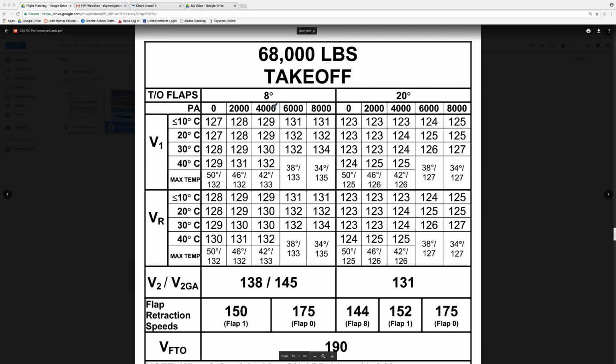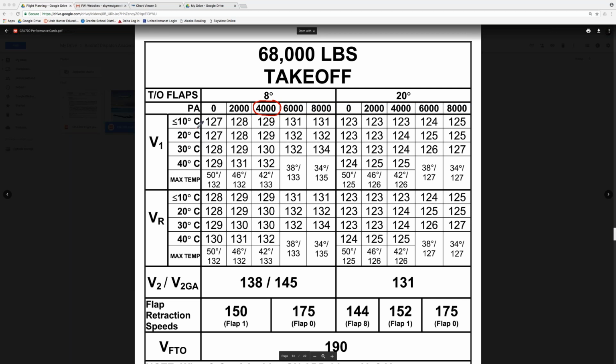In this class, we're just going to take the altitude of the field that we're taking off of. So let's say Salt Lake is at 4,200 feet, right? So we just take that 4,000, and then we would take the temperature outside.